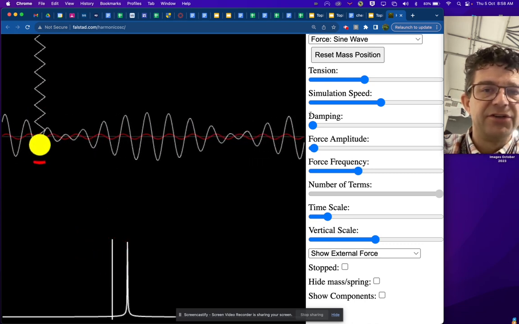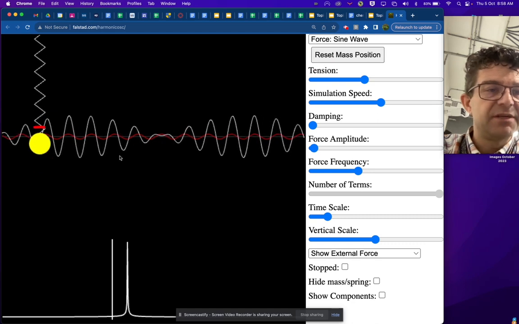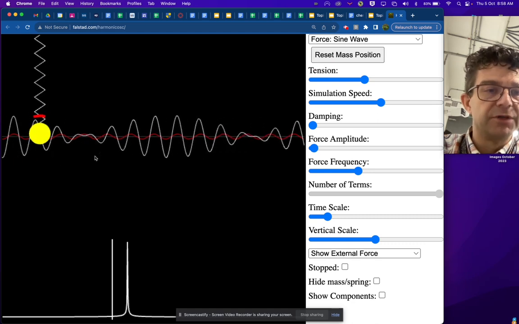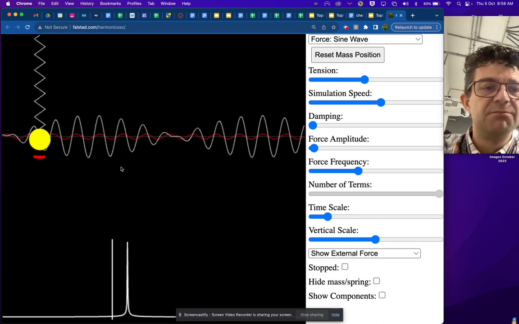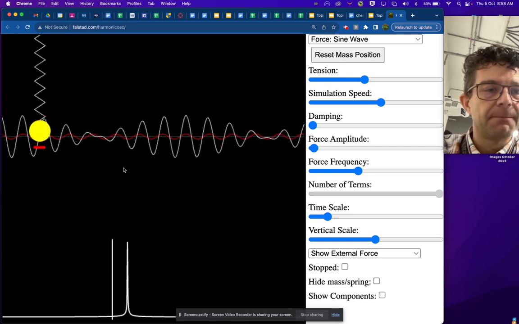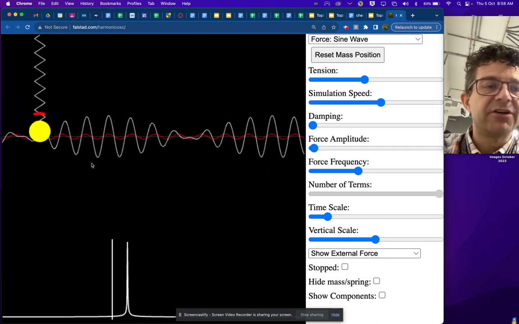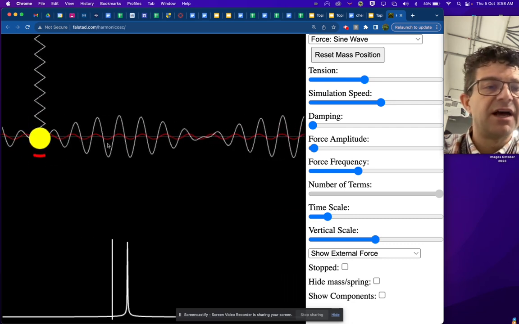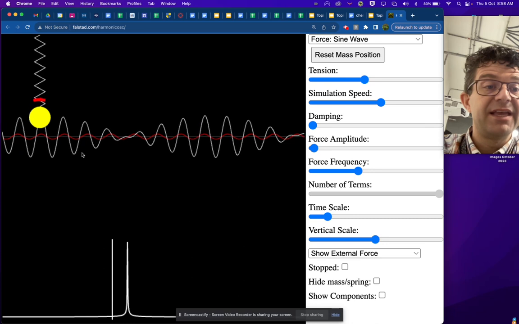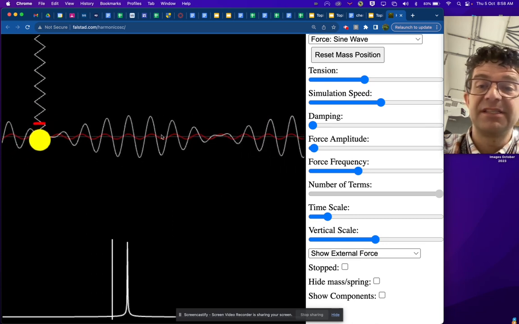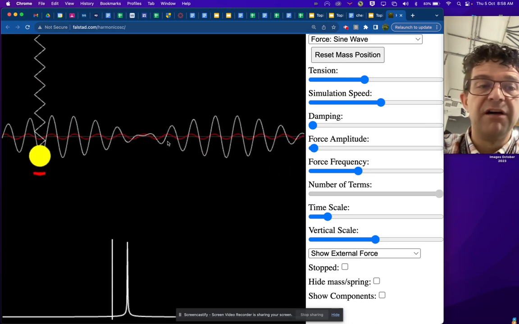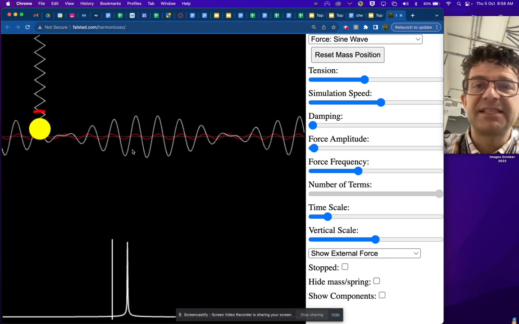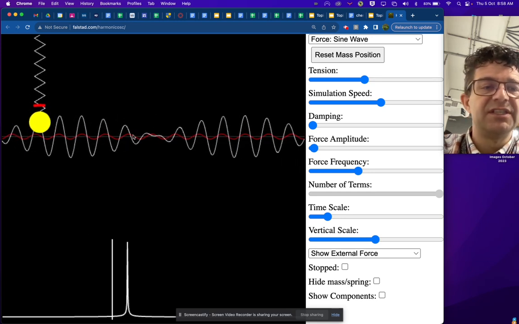Now, that drive seems to be causing some larger responses, but they move away quickly. What we'll learn later is that there are moments in time when the drive force is helping to increase the amplitude of the motion, but then it gets out of sync and it starts to decrease it again.